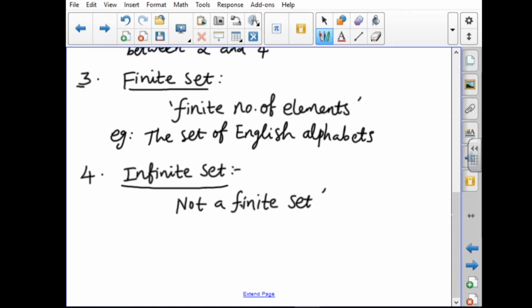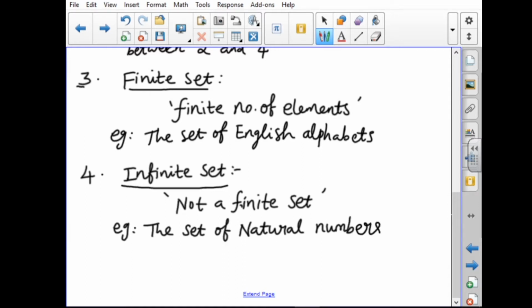We can't count the number of elements in that particular set, so it is called an infinite set. For example, the set of natural numbers. We can't count all the elements, so this is called an infinite set.